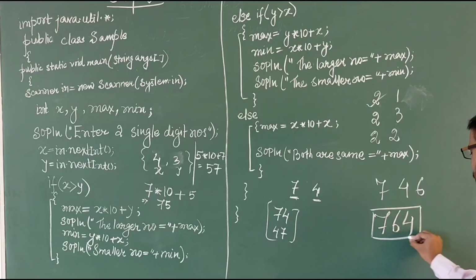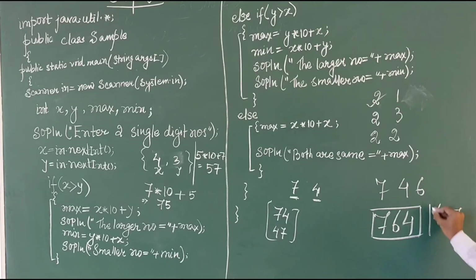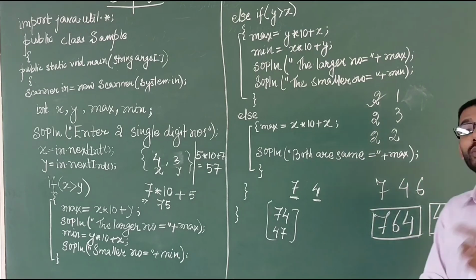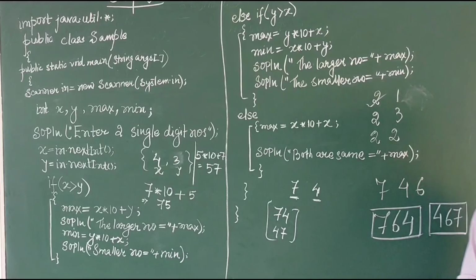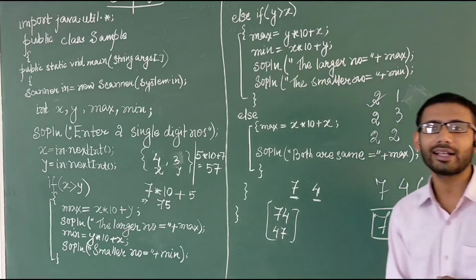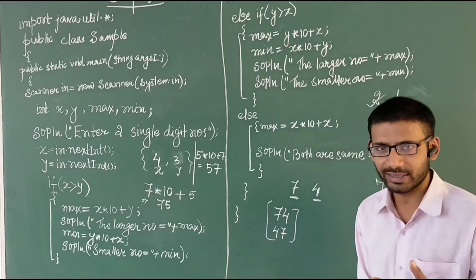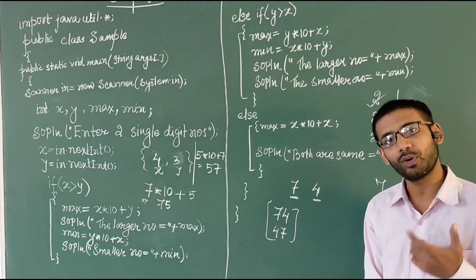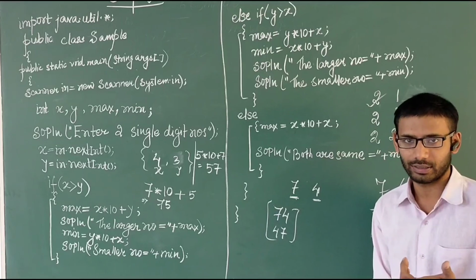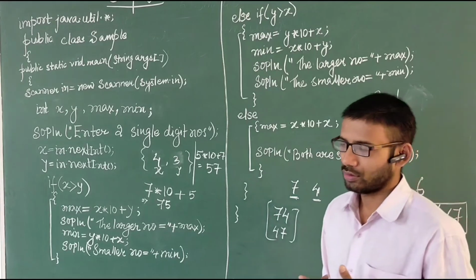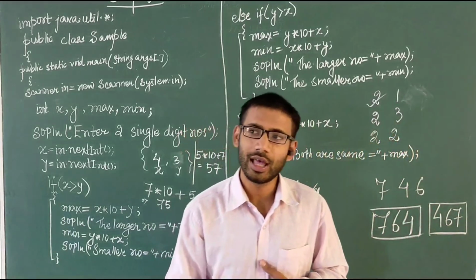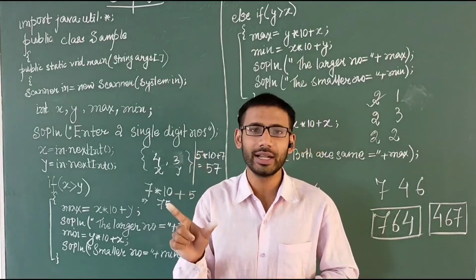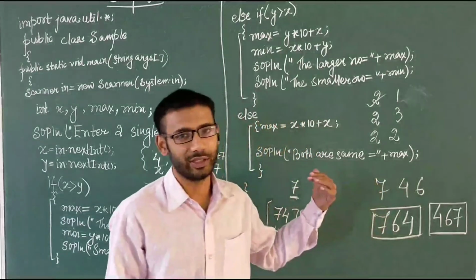This will be the answer, largest. And the smallest will be 467. Like this also a program might come. Clear? Write a program to accept 3 different digits and display the largest and the smallest possible number out of that. Is that clear? So that question I will prepare on a sheet and I will attach it with this video.